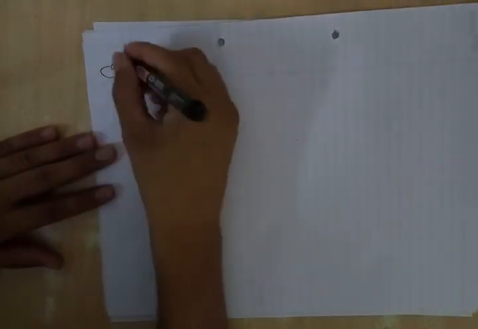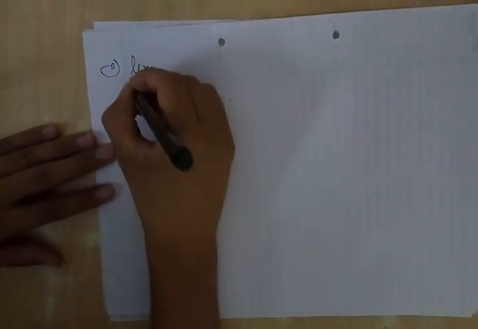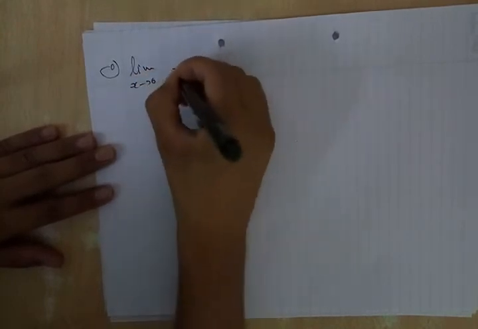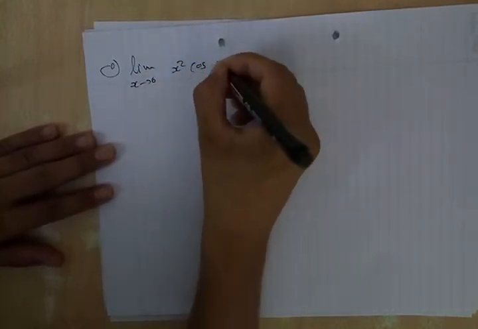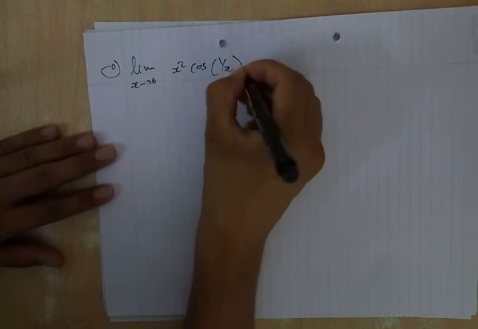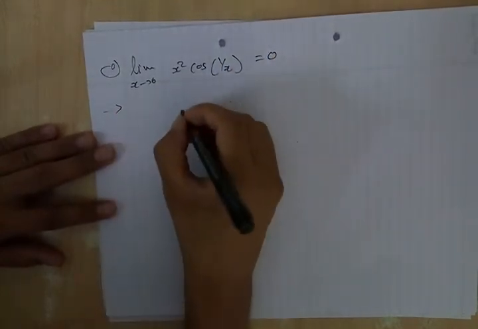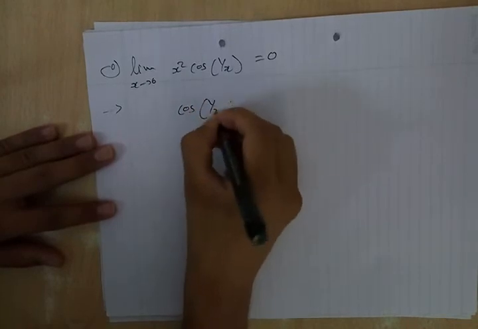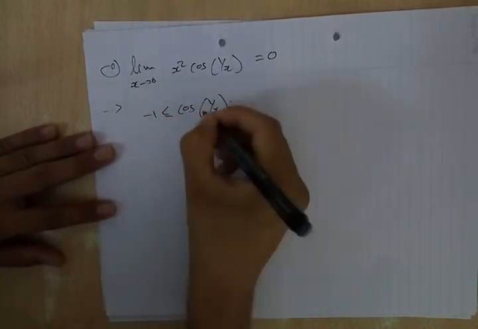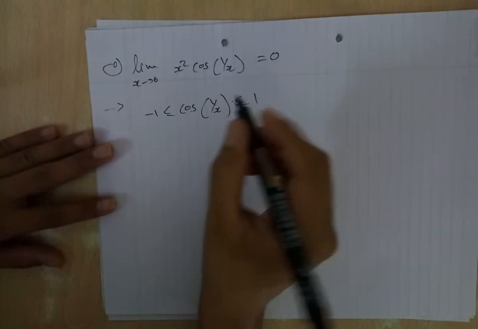Now we will look at formula number 10. Limit x tends to 0, x times cos of 1 upon x is equal to 0. Now we will prove this result. Cos x ranges between -1 to +1.